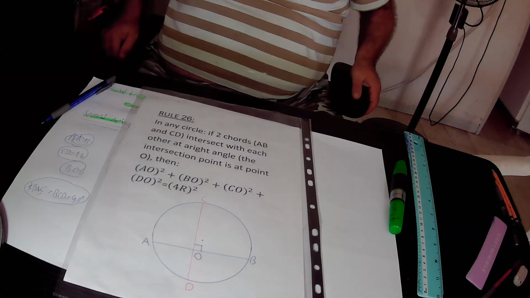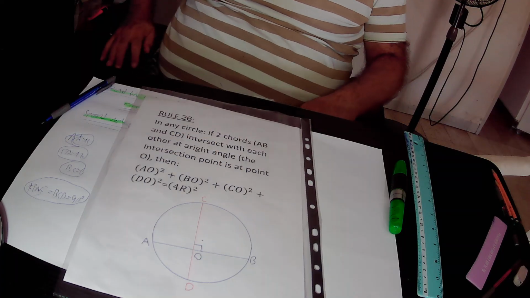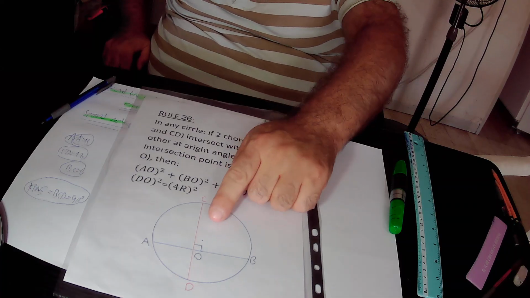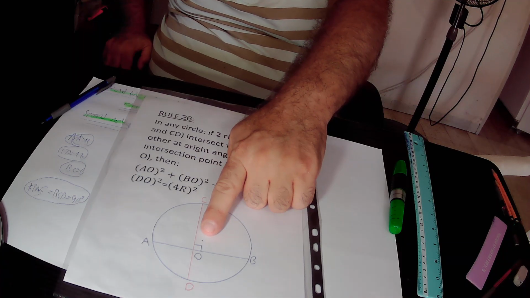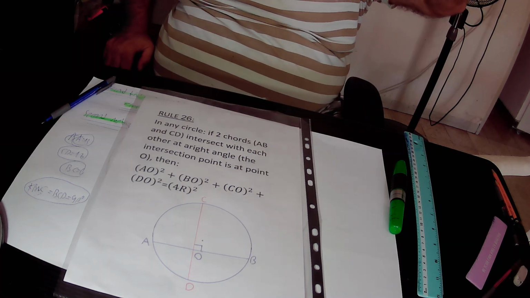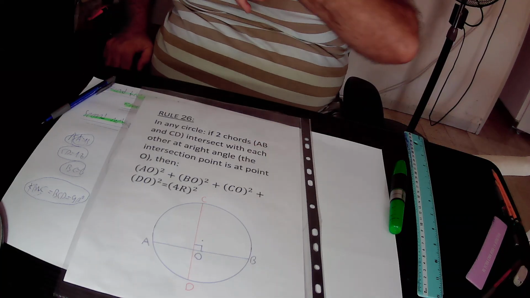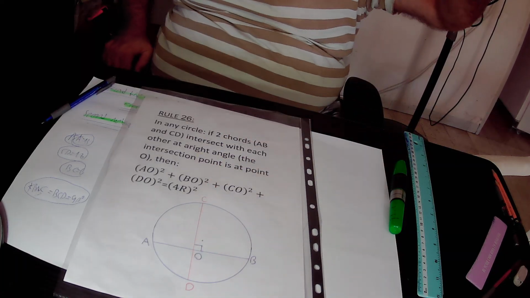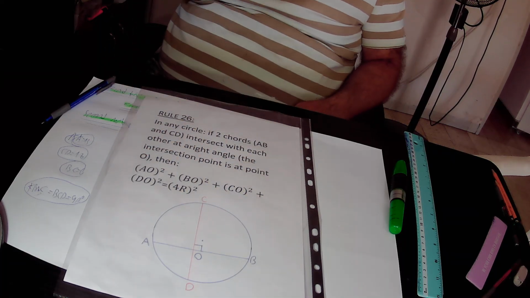So in any circle, if two chords, chord AB and chord CD, intersect with each other at a right angle, that is to say, at their intersection point, point O, they create between them 90 degrees, then the following equation is true: AO square plus OB square plus CO square plus OD square equals 4R square. And R is the radius of this circle.